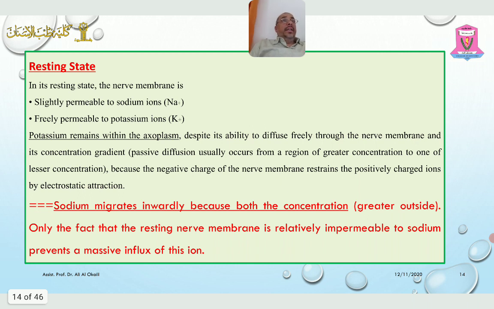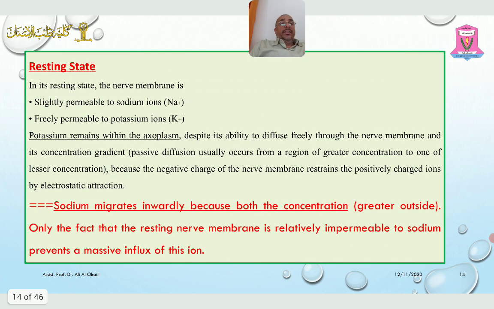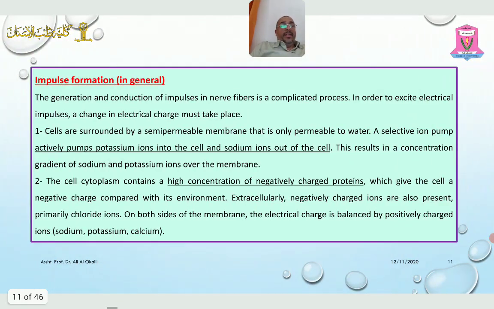رجعنا الآن، هذا احنا الشرح الخطوط العامة. نرجع، احنا قلنا كما في الصفحة رقم 11 إنه the cell is surrounded by a semi-permeable membrane which is permeable to water, and a selective ion pump actively pumps potassium into the inner part of the cell and sodium ions out of the cell.